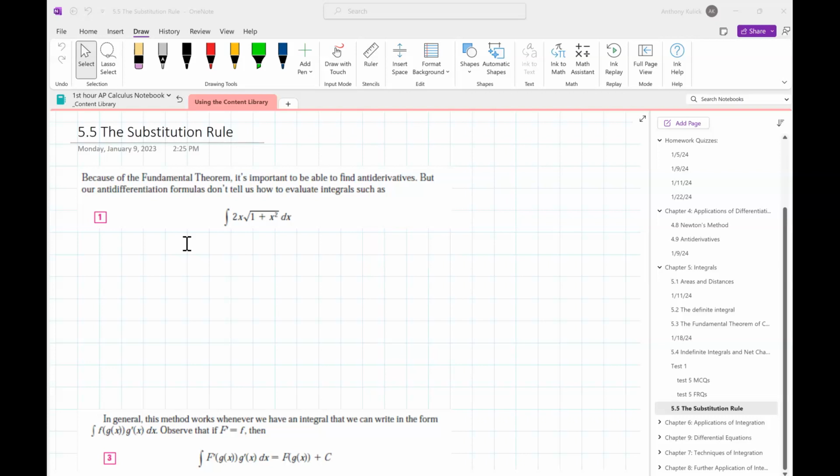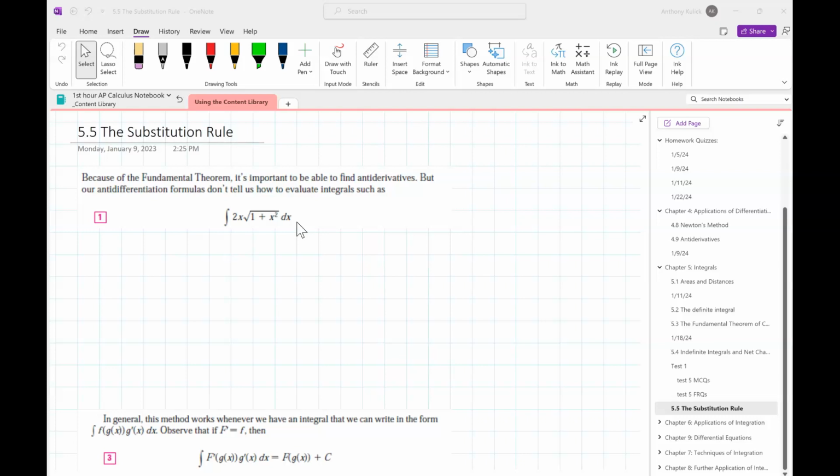So we're going to continue talking about integration here. And the idea here, we're going to see a new integration technique because our antiderivative rules can only get us so far. Suppose we're asked to find the indefinite integral of 2x times the square root of 1 plus x squared dx.